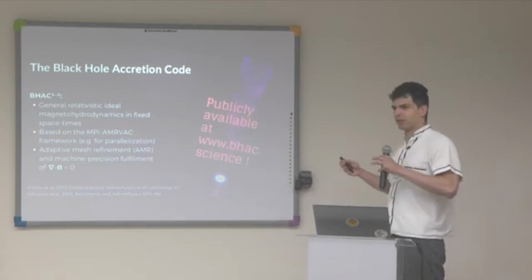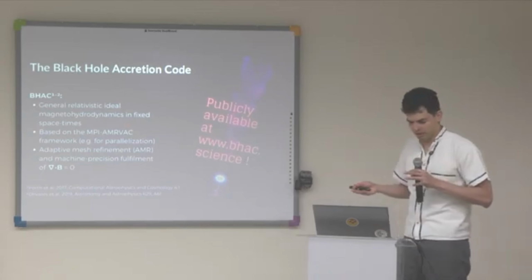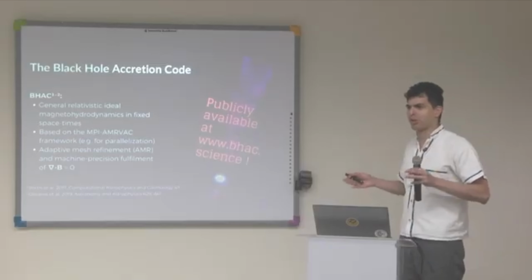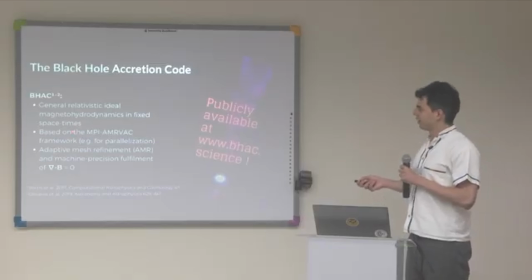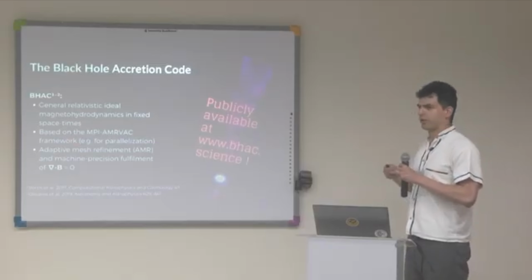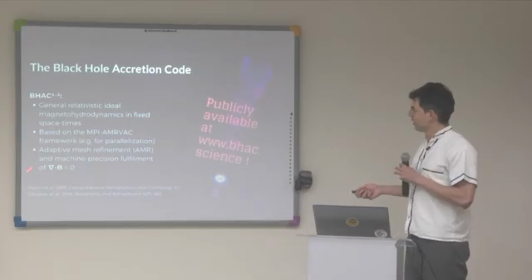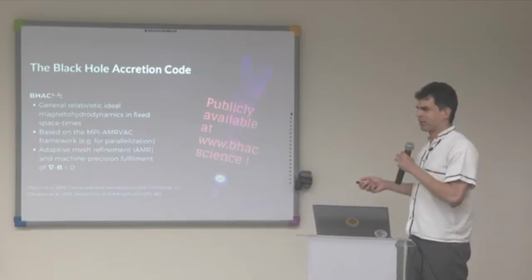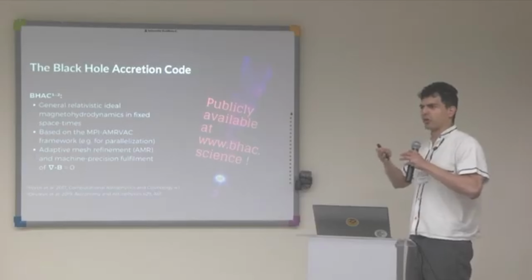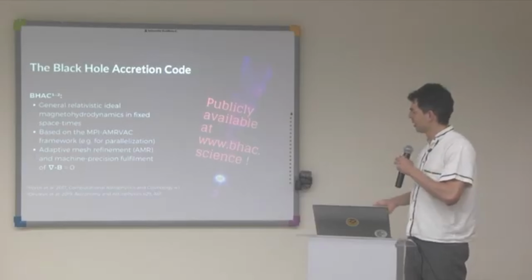It is parallelized, so you can run it in machines as big as you want. And in fact, this code was one of the codes that was used to build the library of the EHT. It has some hybrid parallelization that allows it to work both with MPI and OpenMP.